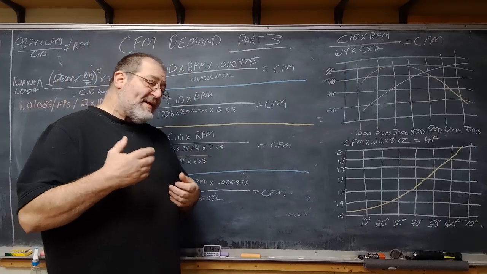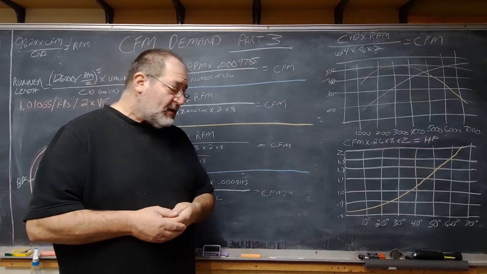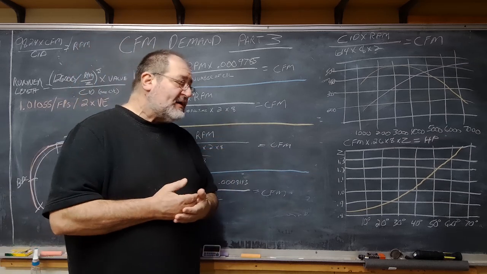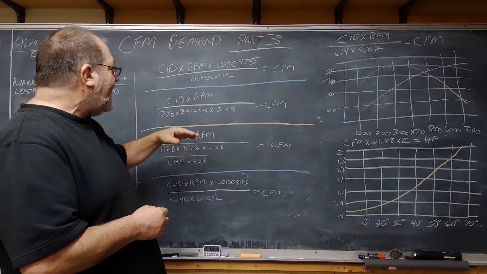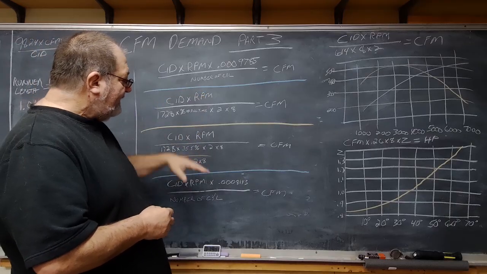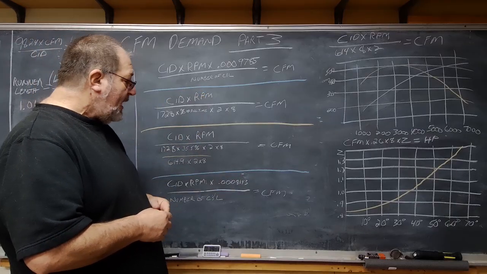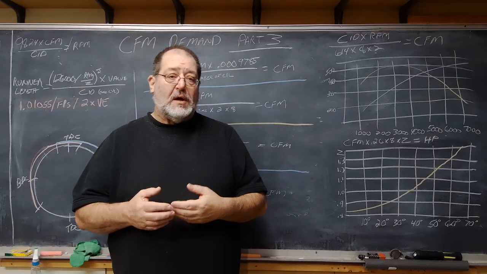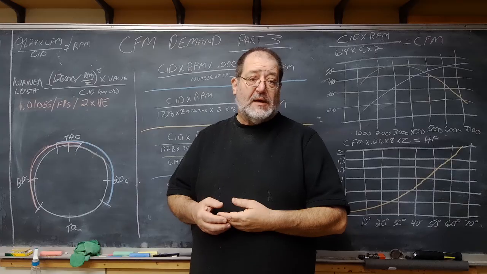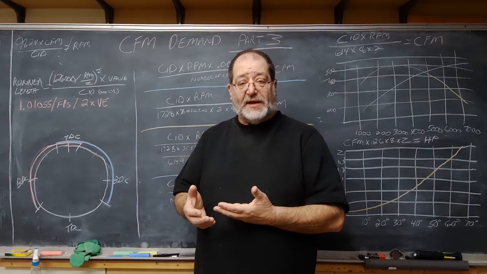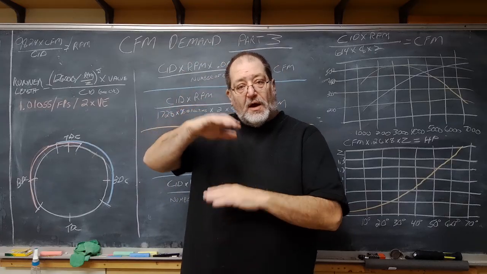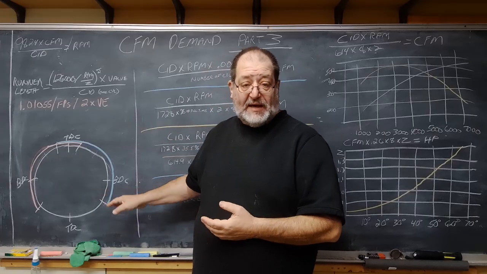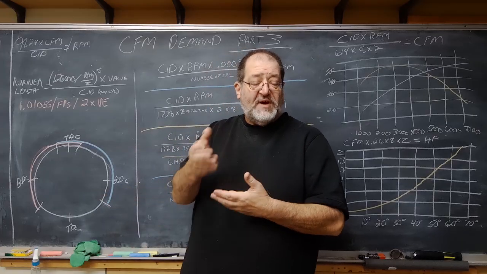Now, I'm not sure why you would do that. It's probably better to do it after the fact, partly because this is going to affect RPM if you change this value. And in reality, the RPM on volumetric efficiency isn't going to change, just the fill of the cylinder, which, like I said, I talked about in the VE video.